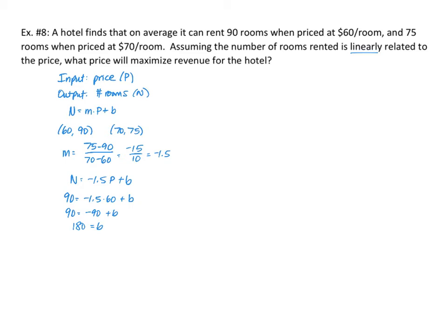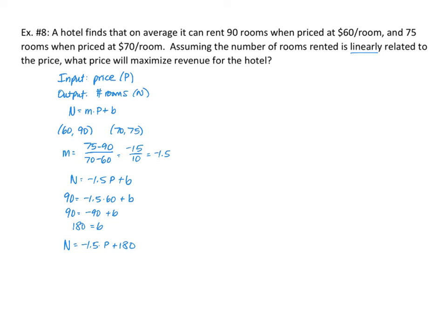So this is telling us that N, the number of rooms, is equal to negative 1.5 times the price plus 180. So think about what this is telling you. If P were equal to 0, price was 0, the number of rooms filled would be 180. So we could assume there's 180 rooms at this hotel. If they're giving them away for free, they could fill all of them. That would be all 180 rooms.